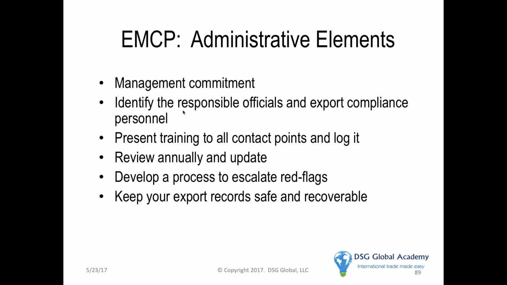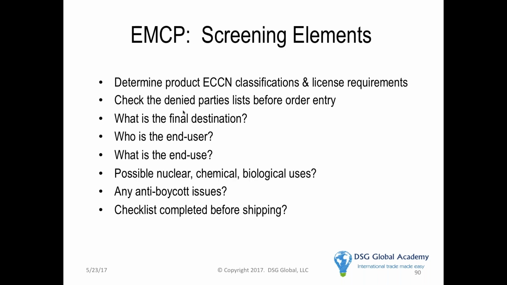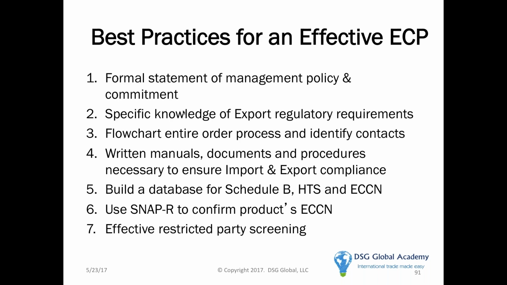The administrative elements, actually I'll skip these, but they include management commitment, identifying officials, and developing a process for escalation. And the screening elements are finding out more about the parties you do business with and ensuring that you're not shipping to anybody that might have a restriction. So these are the best practices, on this slide and the next.